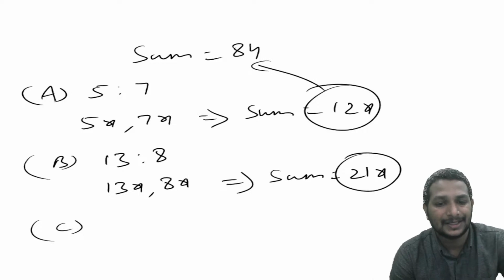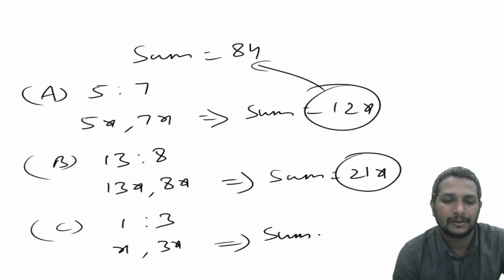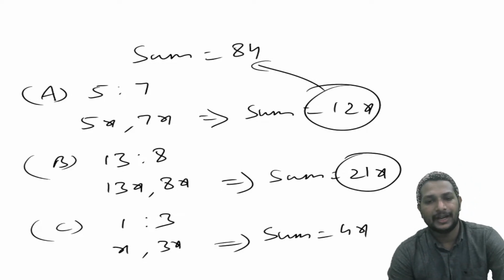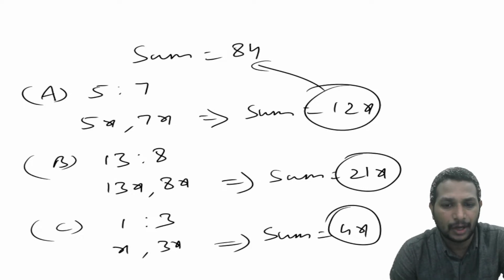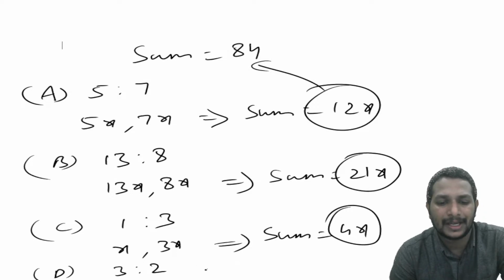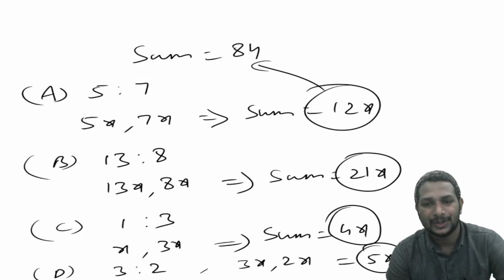Next, the third option, 1:3. x and 3x, the sum is 4x. 4 also divides 84. Whereas if you look at option D, 3:2 can't be possible, because 3 plus 2 becomes 5x, and 5 can't divide 84.